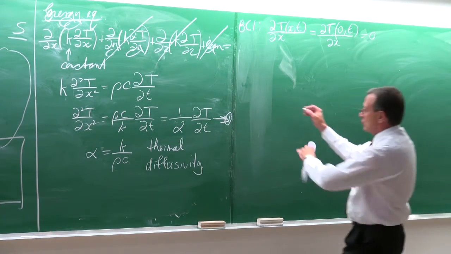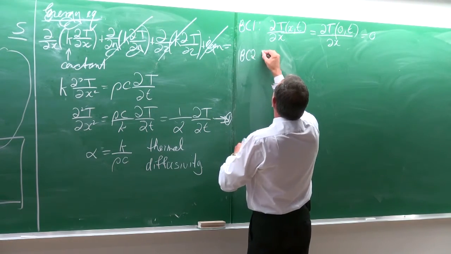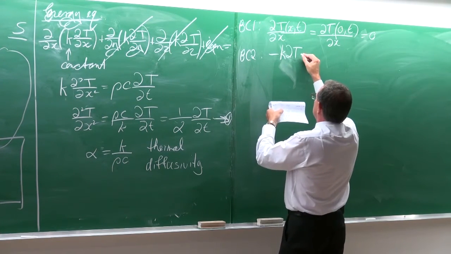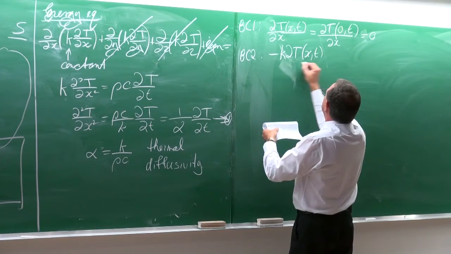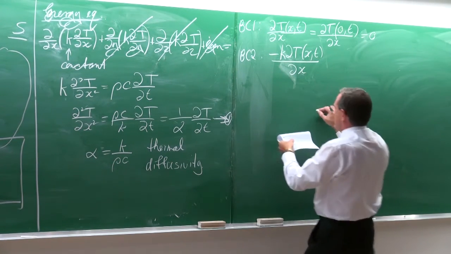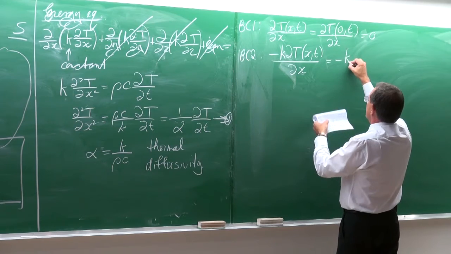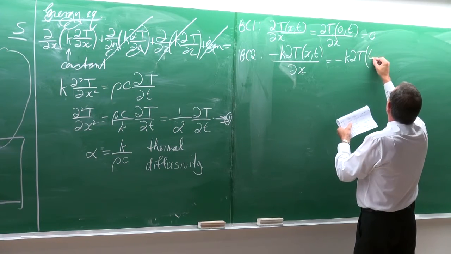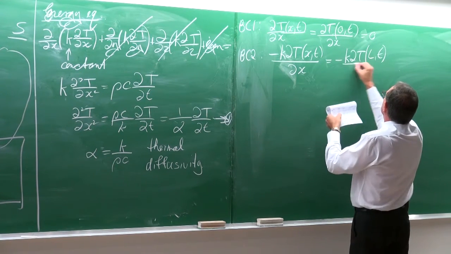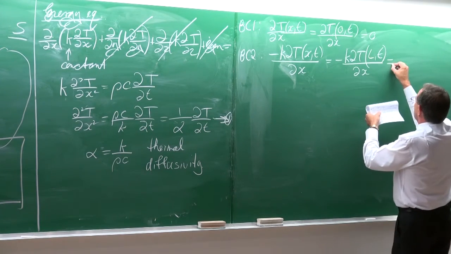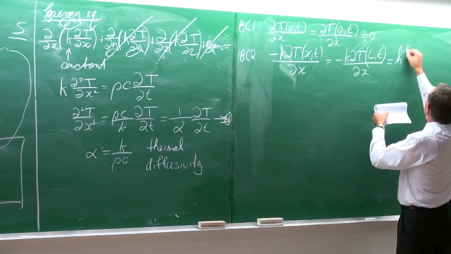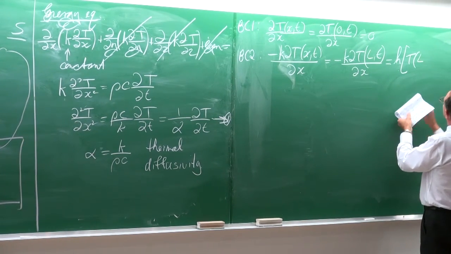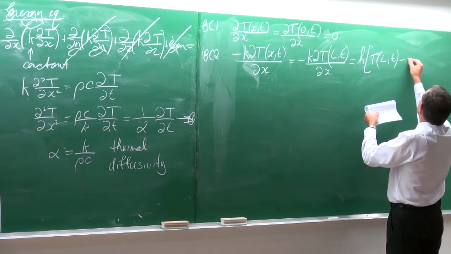Okay. The second boundary condition would be minus k partial dT at point x,t. I'm going to explain it just now. That term we can write as minus k partial dT(L,t)/dx is equal to the heat transfer coefficient multiplied by T(L,t) minus T infinity.